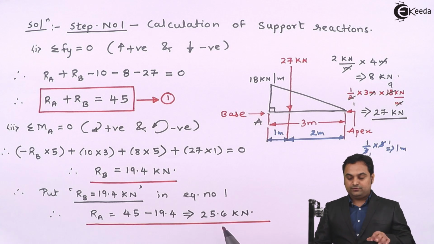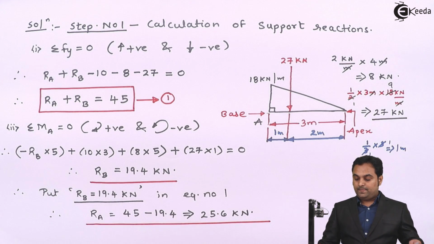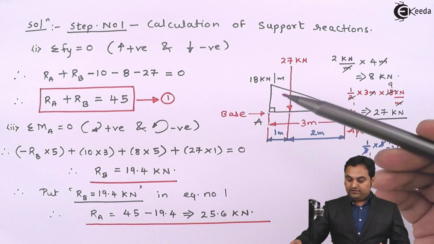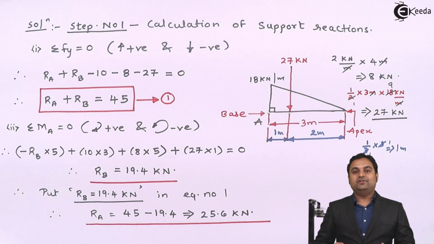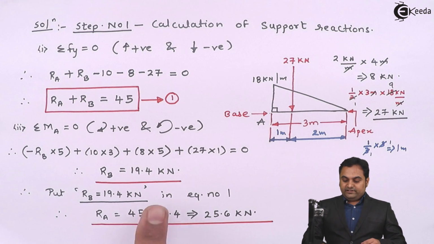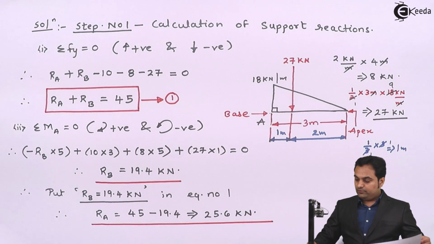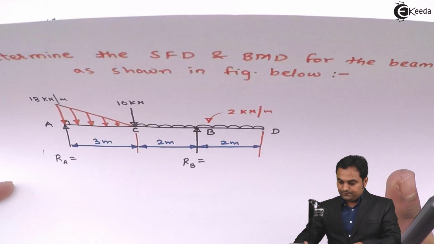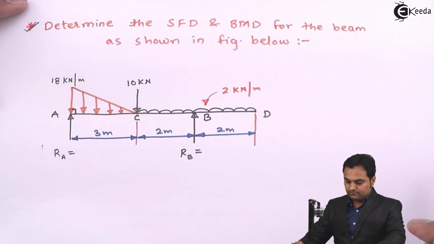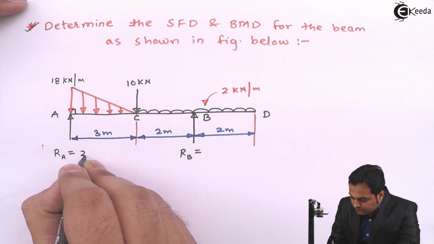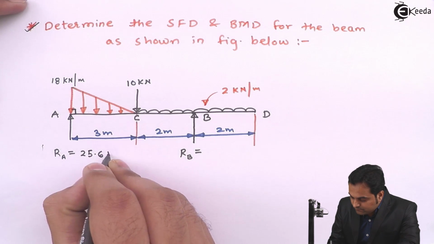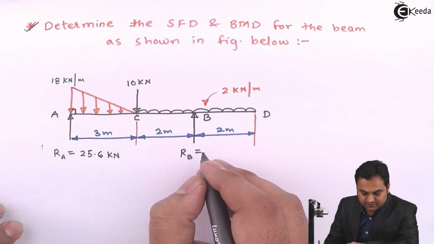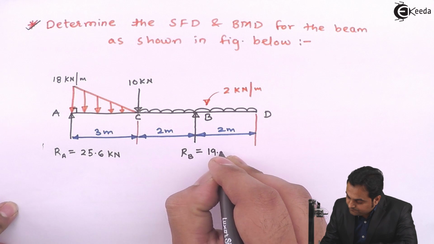So these are the values of reactions RA and RB, and here when I have found the reactions, the step number 1 is complete. So now after finding RA and RB, I will show them on the figures. RA is 25.6 kilonewton. RB is 19.4.